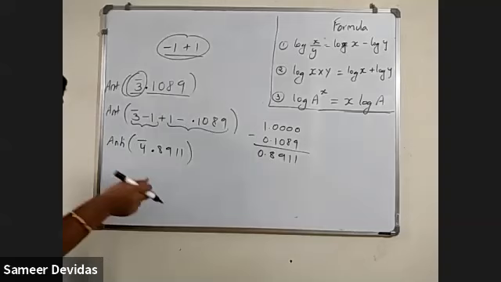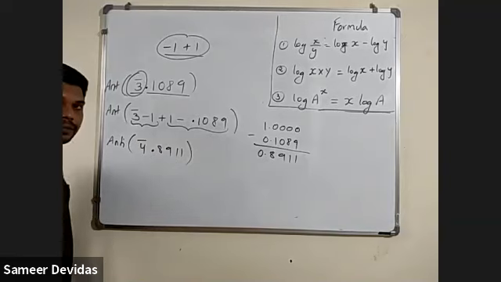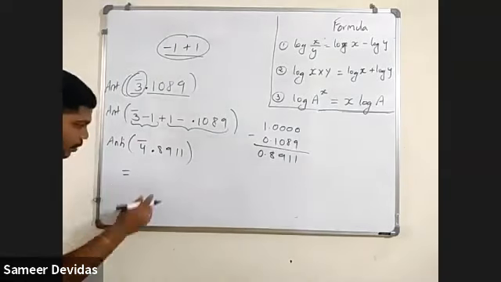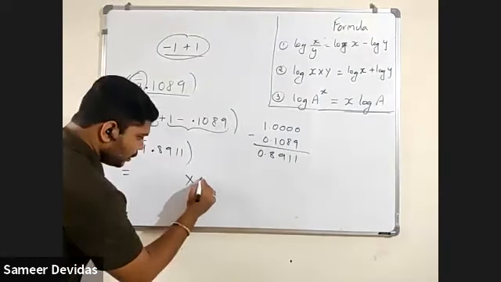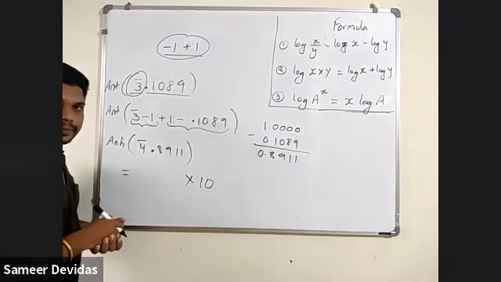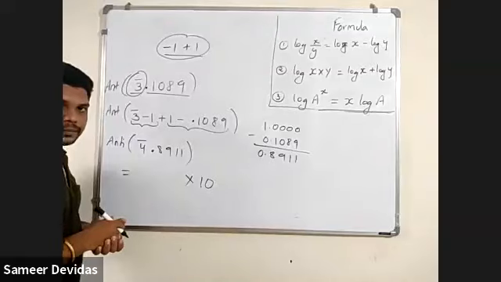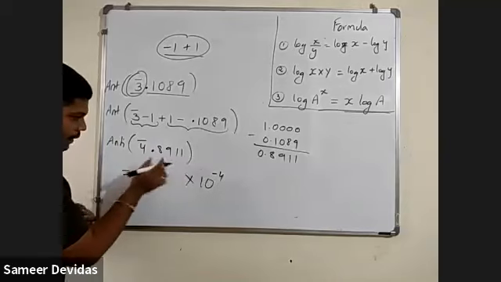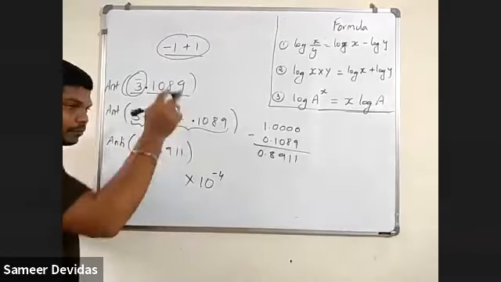Yes, sir. Okay. Now we are going to find out the anti-log of this. Again, two parts, into 10⁻². Now, which number is there before the decimal? -4. Okay. Then anti-log of 0.89 under 1 and 1.